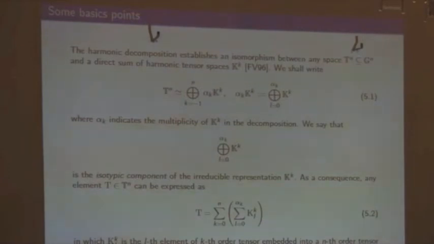Something which is important to say is that when I wrote this, it's not an equality, it's an isomorphism. So you know that there is a way to take these elements, knowing each element separately, and to make one elasticity tensor out of these elements.